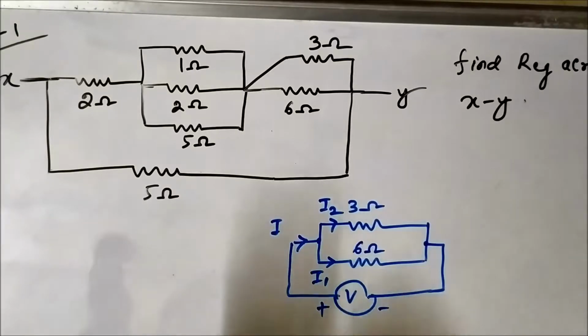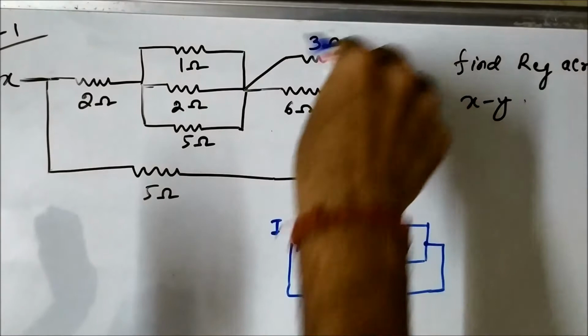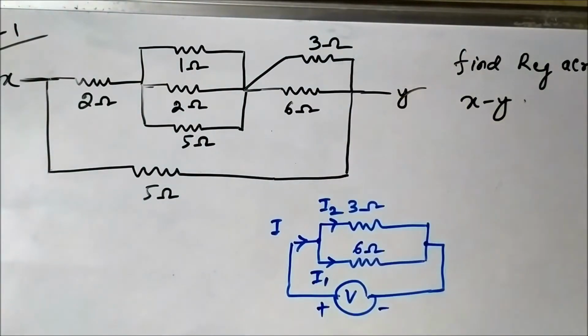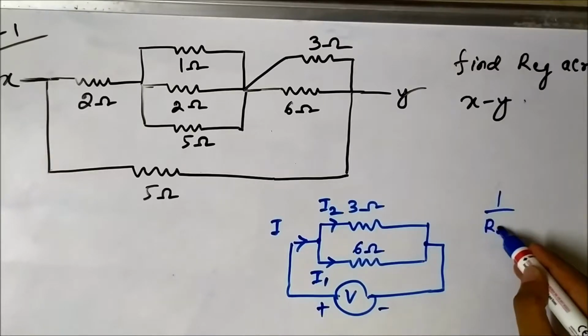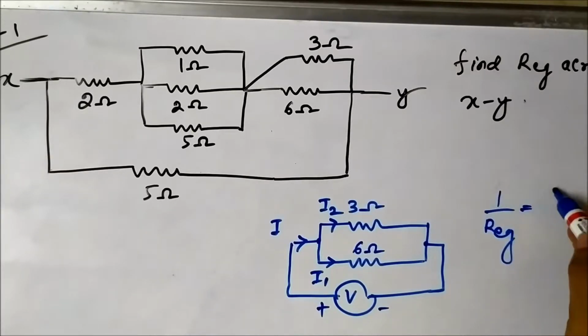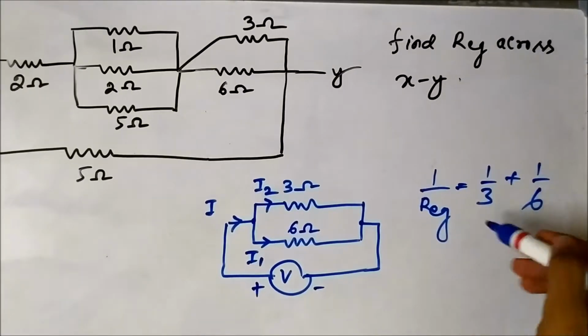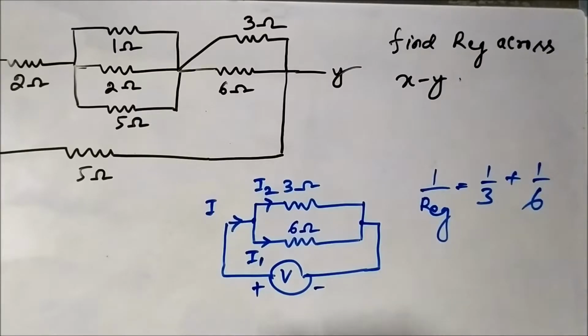So what will be the equivalent resistance of only these two resistors? We know in case of parallel circuits, 1 by R equivalent is equal to 1 by 3 plus 1 by 6. We add the reciprocals.